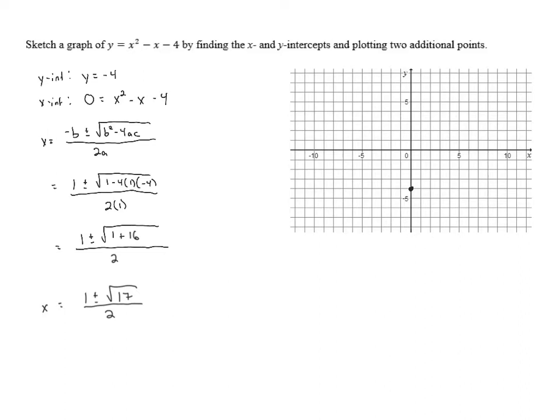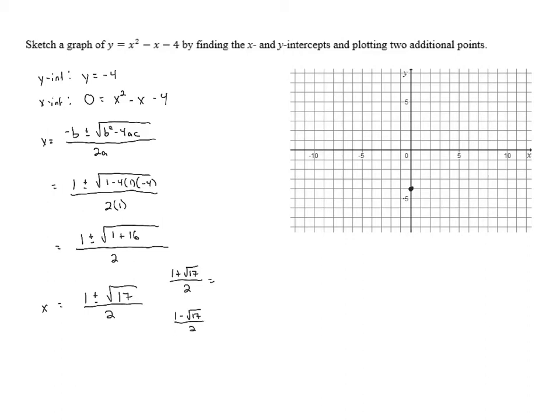Now, to figure out where we need to plot these on the x-axis, we need to come up with decimal approximations for these two intercepts so that we can figure out where they go. So one of them is going to be 1 plus the square root of 17 all over 2. The other is going to be 1 minus the square root of 17 over 2.